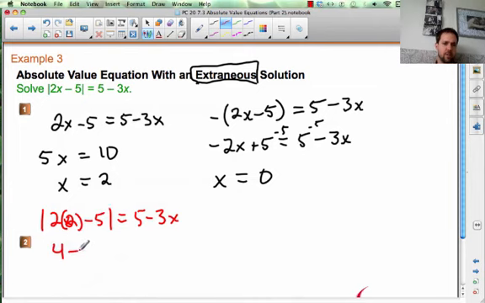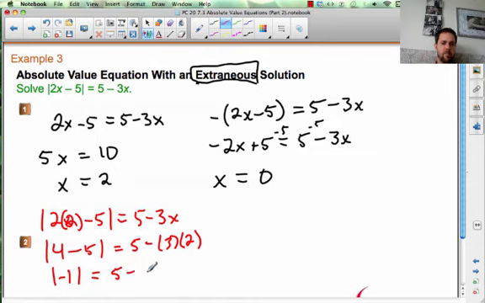So the absolute value of 4 minus 5 equals 5 minus 3 times 2. Now, this is the absolute value of negative 1 equals 5 minus 6. So 1 equals negative 1. That's not true. So this is an extraneous solution.